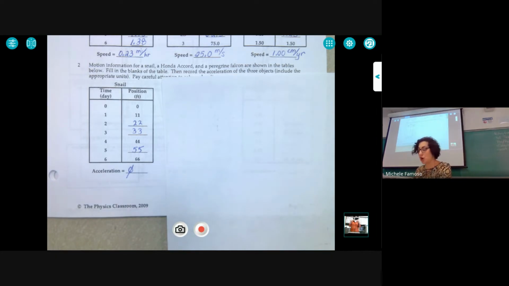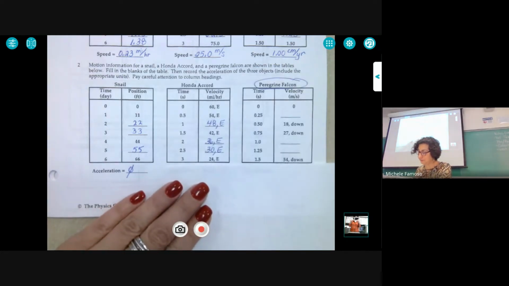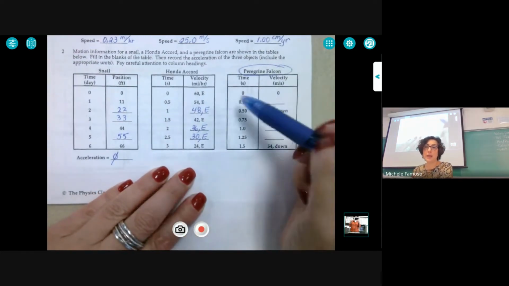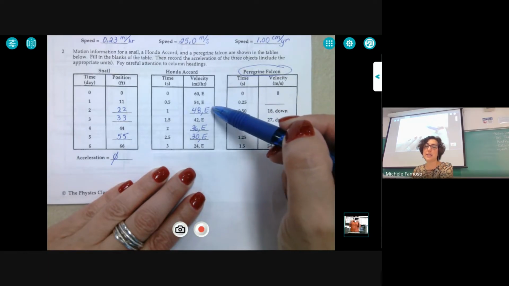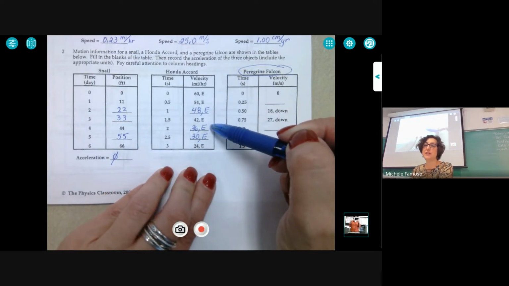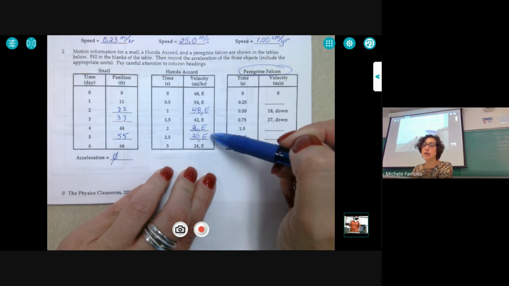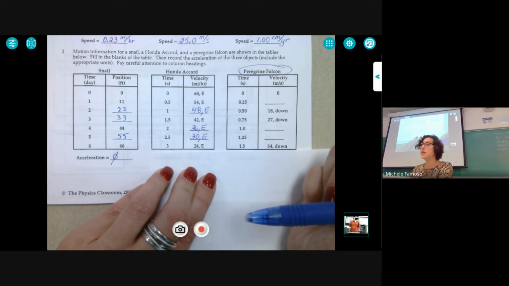All right, let's look at the chart for the next one. The Honda Accord. 60 to the east, 54 to the east, 48 to the east, 42 to the east, 36 to the east, 30 to the east, and 24 to the east.